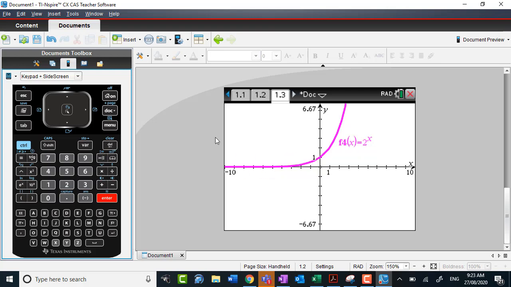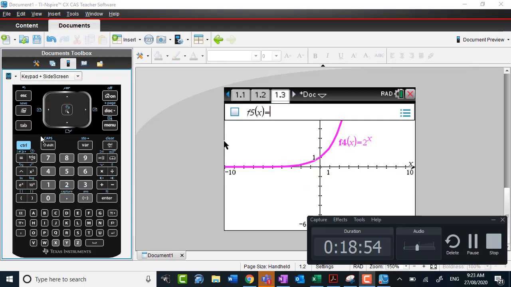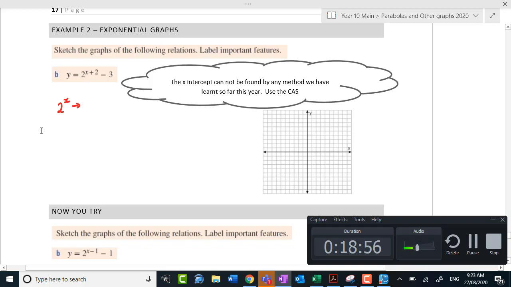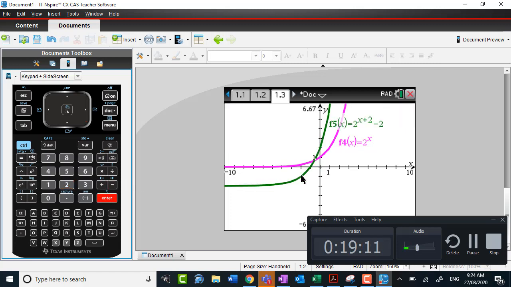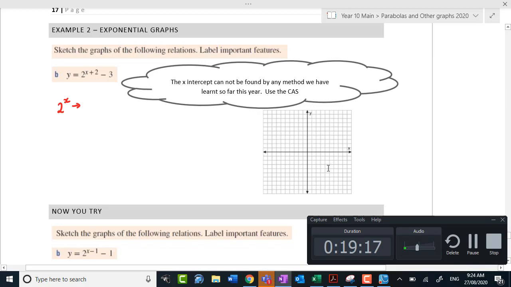If I go ahead and add another graph, let's do 2 to the power of x plus 2, and you'll need to practice this, and then we're going to subtract 3. Well, what that does is it's moved everything on this graph. It's moved it left 2 units and down 2. I think actually it's down 3.